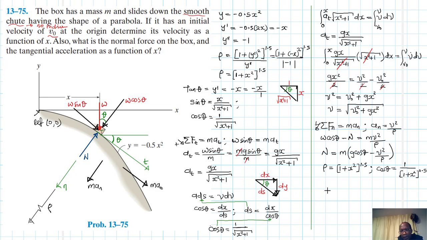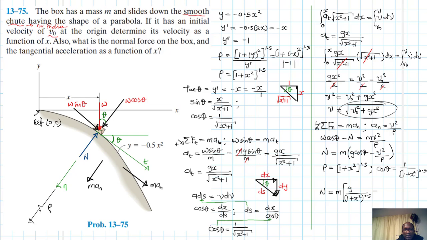Therefore, our N, which is the normal force, just becomes equal to m, and then I factor out my g. My cos theta is this one here, which is 1 over 1 plus x squared to the power 0.5, and then minus our v squared.